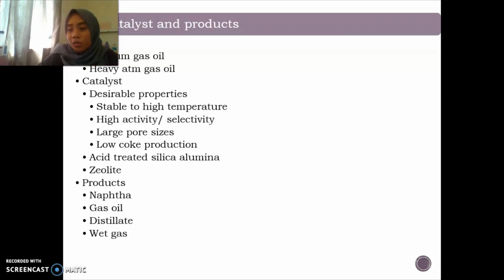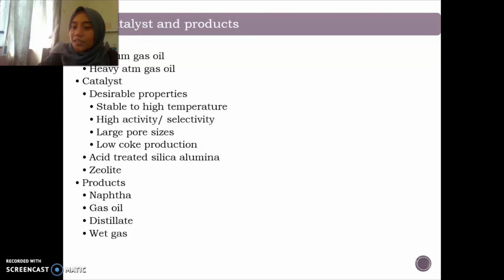The main reason why these two catalysts are used is because they have desirable properties such as being stable at high temperature. As we know that the reaction is carried out in a furnace, a catalyst with high temperature resistance is needed. The next desirable property is high activity or selectivity, where high activity leads to conversion of higher hydrocarbons into lower hydrocarbon molecules.